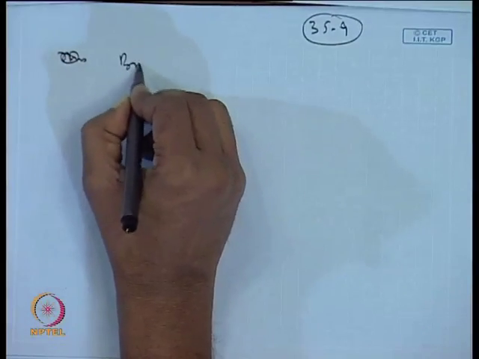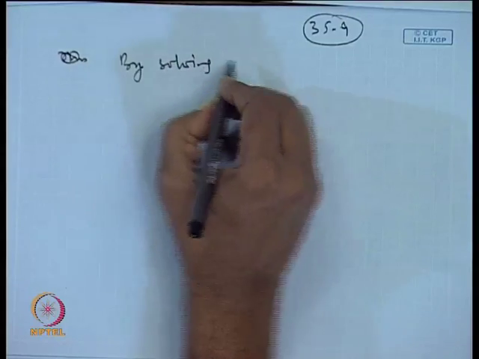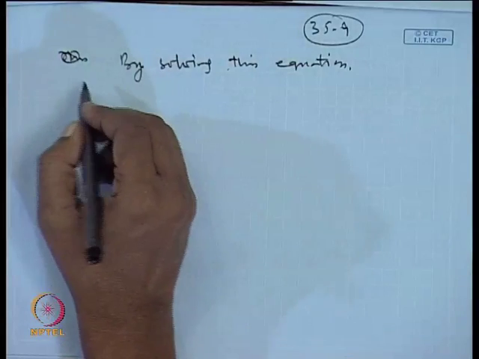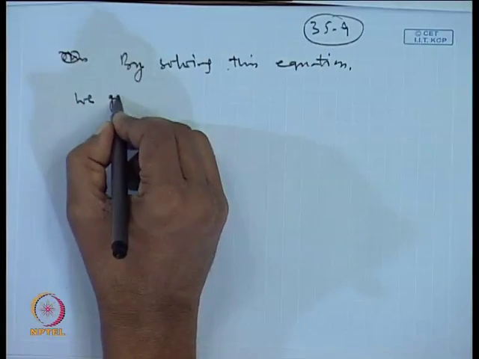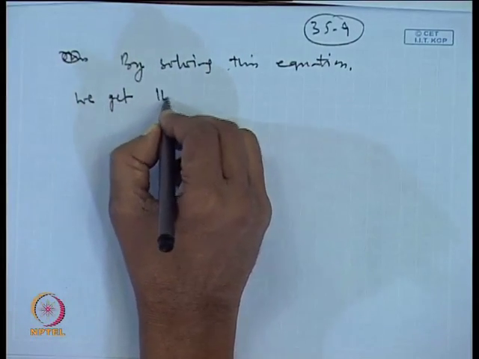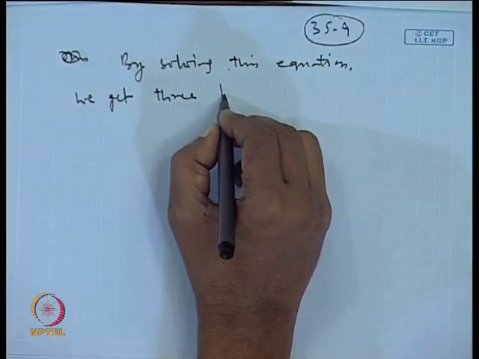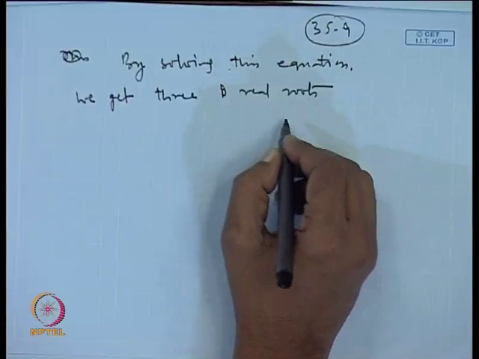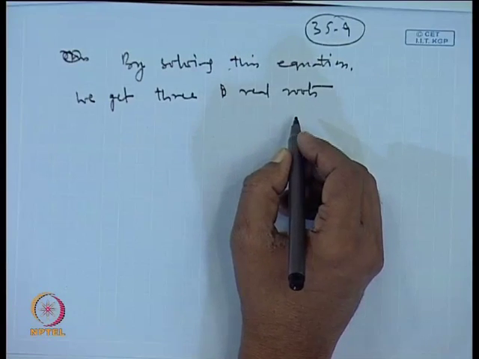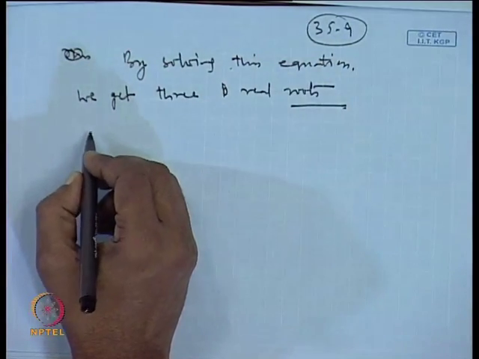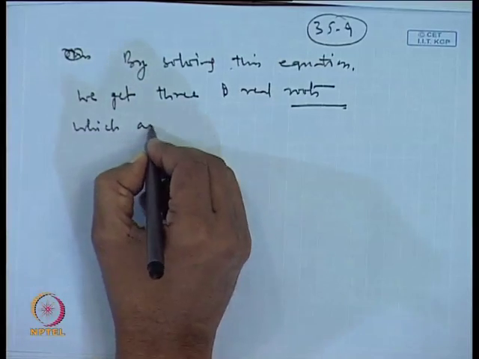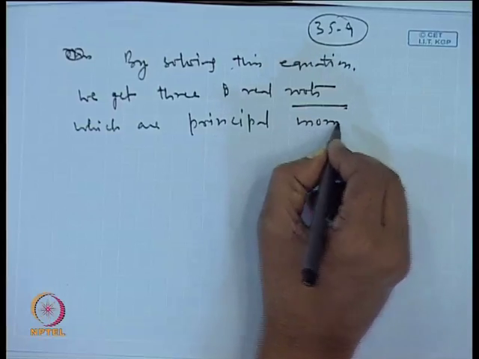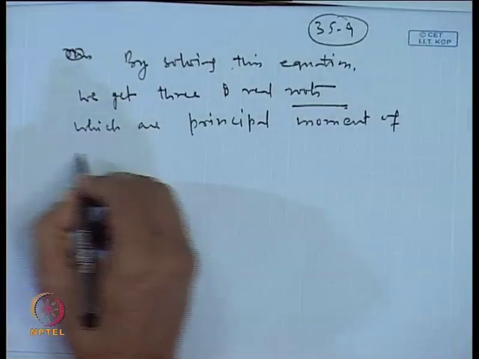So, by solving this equation we get 3 real roots, which are the principal moments of inertia.